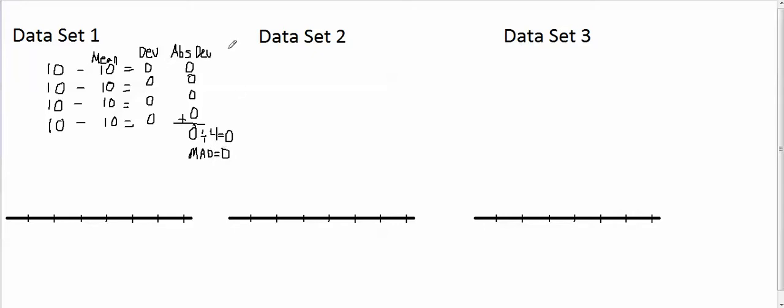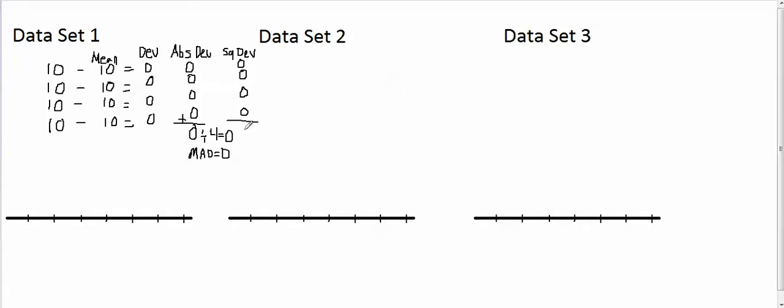I now need a column of squared deviations. So what I do now is, over here I was getting the absolute value of each of these deviations. Now I'm squaring each of these 4 deviations, which just means multiplying each deviation by itself. 0 times 0 is 0. 0 times 0 is 0 again.